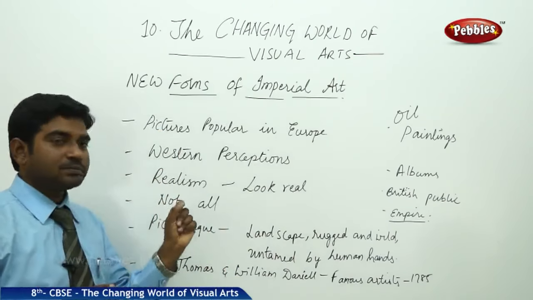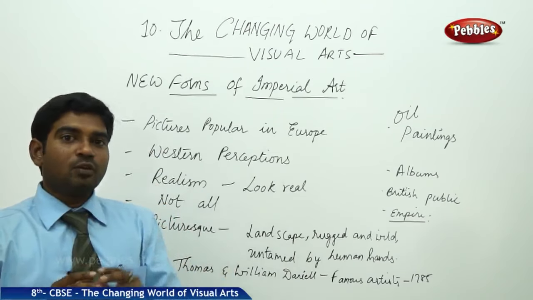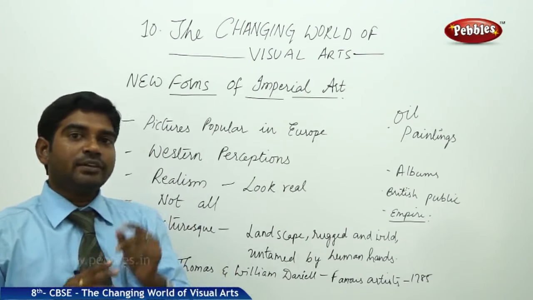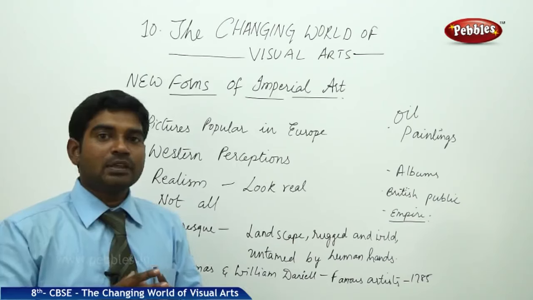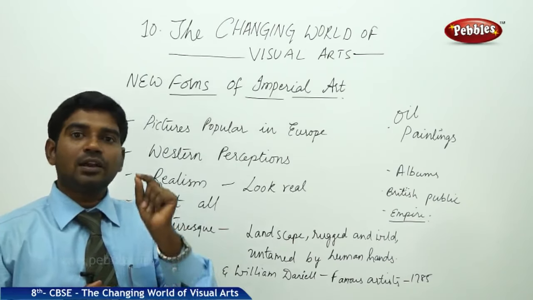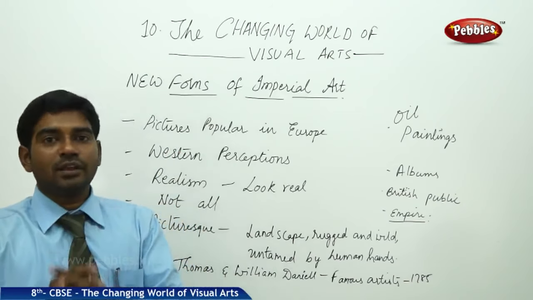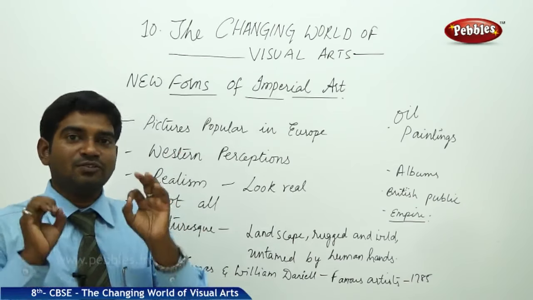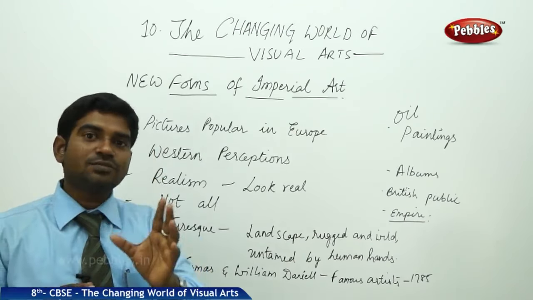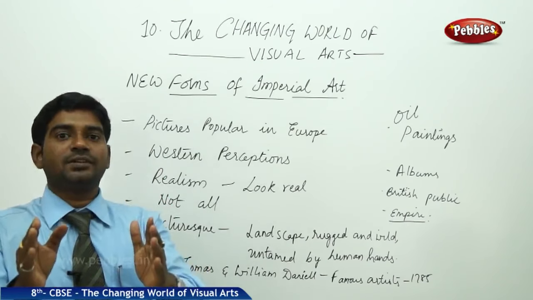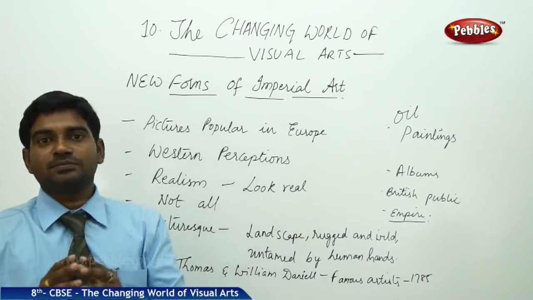When they started to portray this, the Europeans emphasized realism. What is realism? Instead of being imaginative, being in the utopian model, they started to produce things as in real life. Look real. That is called realism. So the Britishers' art emphasized realism, looking real, as if we are looking at the city, as if we are looking at the same person.